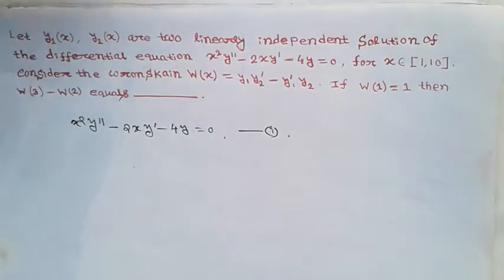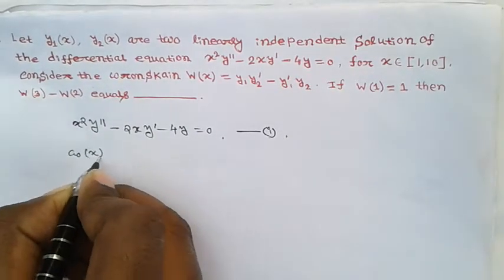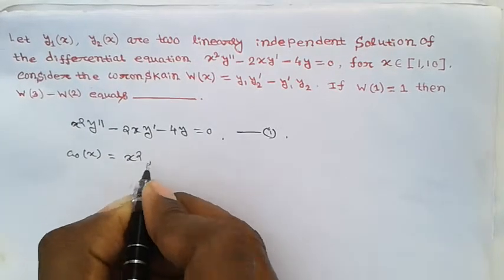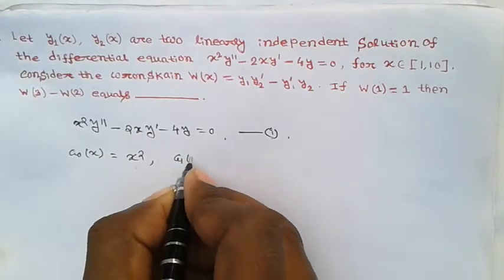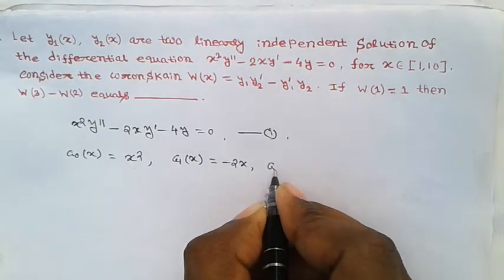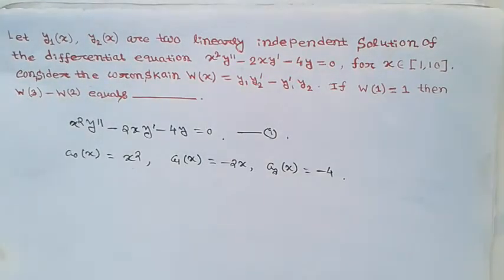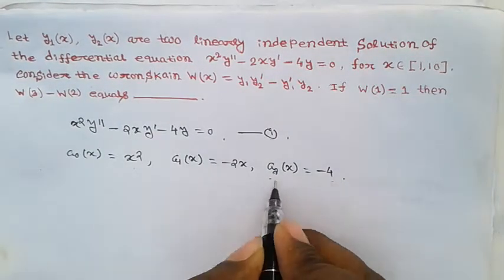So here a0(x) = x², a1(x) = −2x, and a2(x) is given, and you see that the Wronskian does not depend on it.